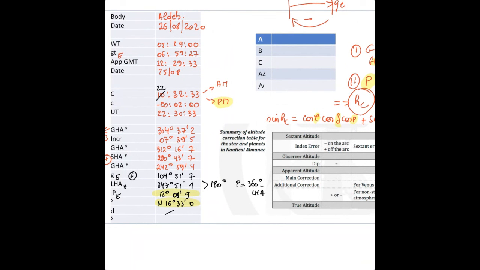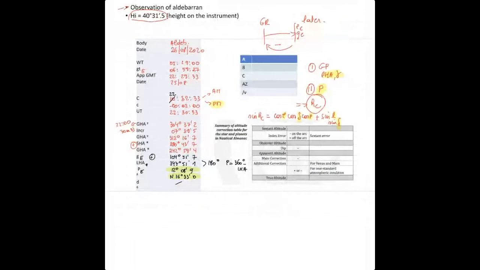So in fact, now I can already calculate my HC. Okay, if you calculate this, you will see that the sinus of HC is, first this part here, I will write the intermediate values as well, minus this part here, that is equal to 96.